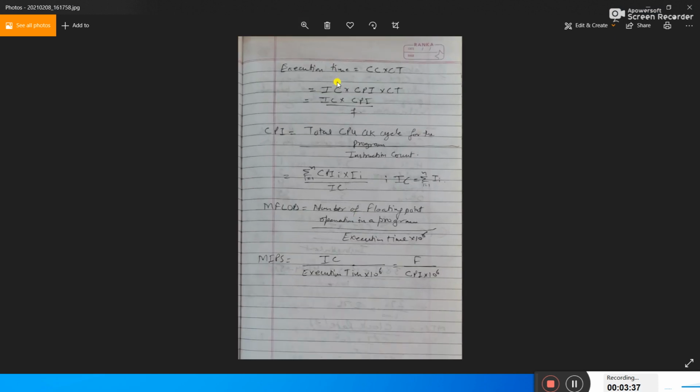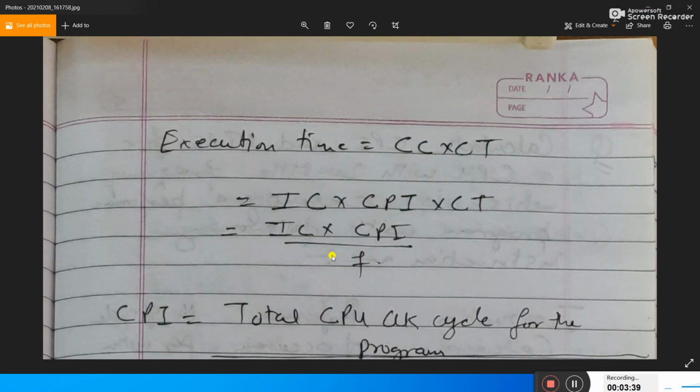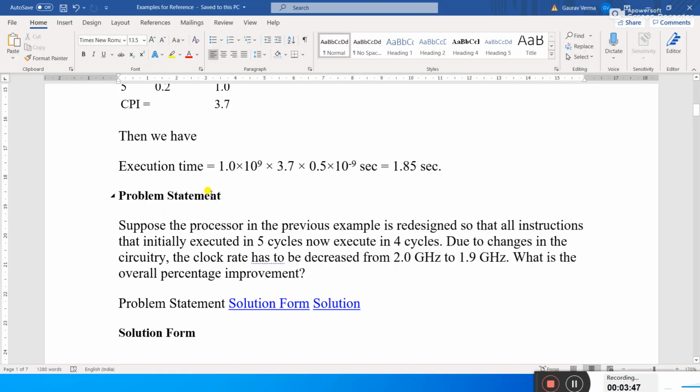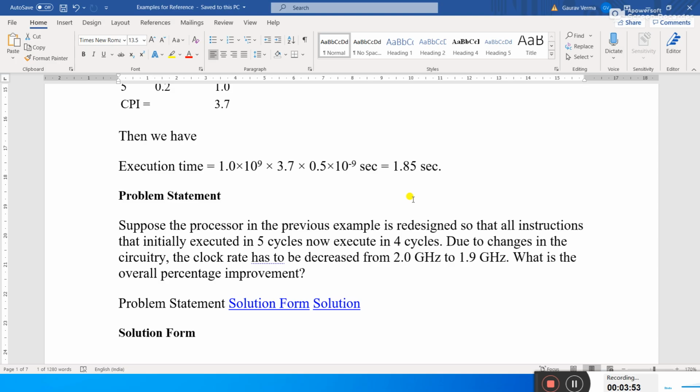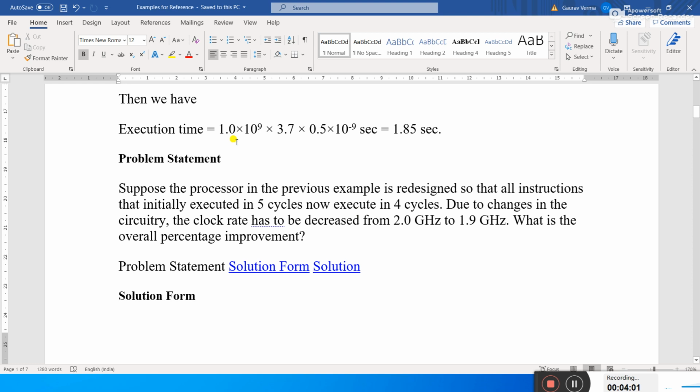Here we use the instruction count, which is 1 billion, the CPI, which is 3.7, and the clock time, which is 0.5 into 10 to the power minus 9. It will be 1.85 seconds. So 1 billion instructions can be executed in 1.85 seconds with these processor characteristics.